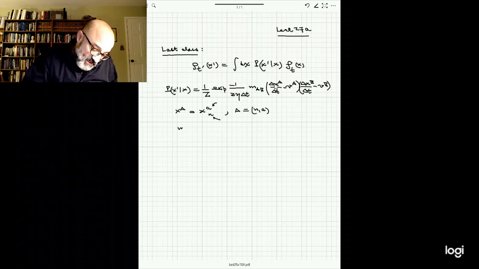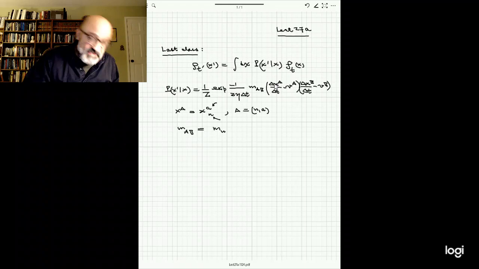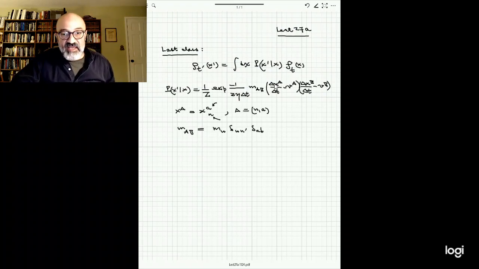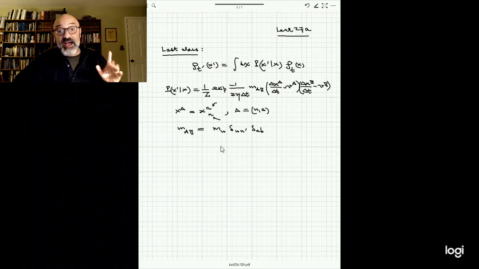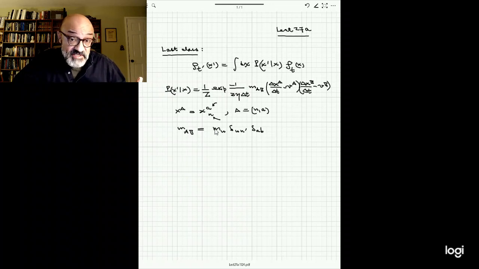The tensor mAB is the mass tensor. It's just a diagonal tensor, m_n delta AB. It's a diagonal tensor in these 3n dimensions, where the diagonal elements are given by the mass of the particle. At this point, we do not know that this constant m is going to be mass.